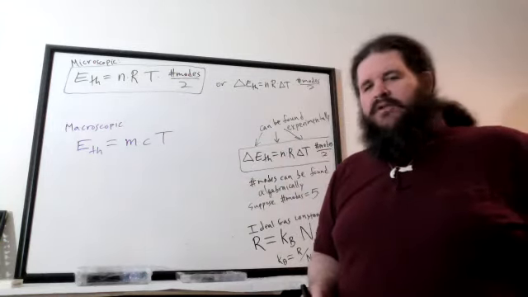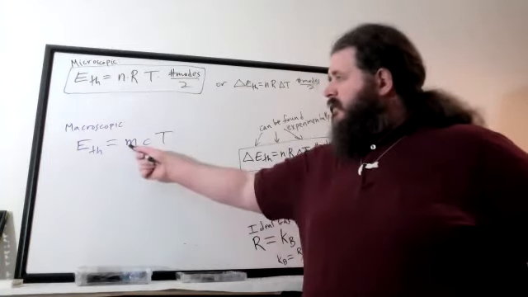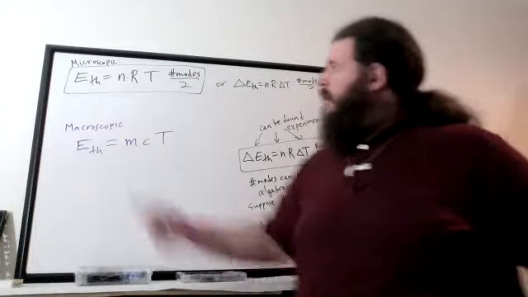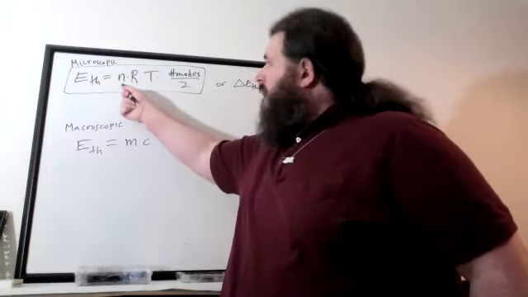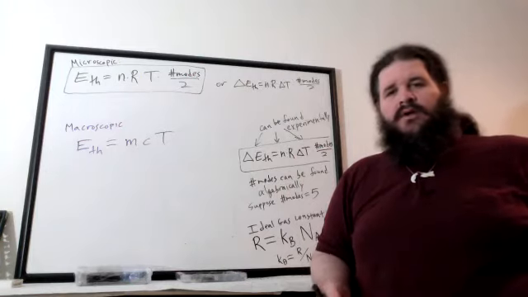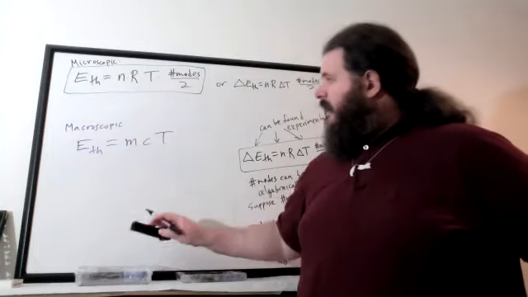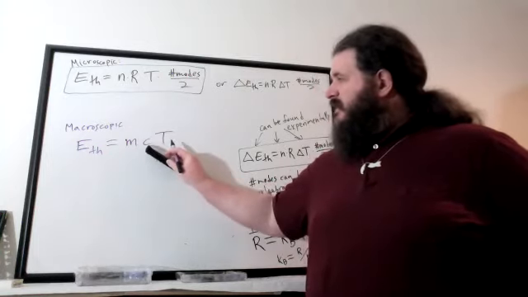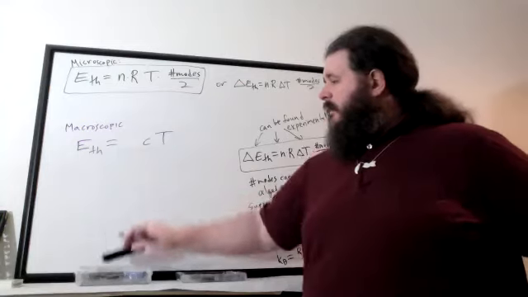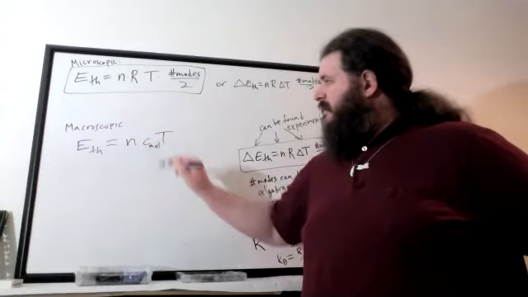One thing we want to do first, though, this formula is describing how much of the substance there is in terms of mass, number of kilograms. This formula is also talking about how much of the substance there is, but it's describing it in terms of number of moles. We don't want to be messing around with different units of measurement here, so I'm going to make an adjustment. Instead of talking about mass times specific heat per kilogram, I'm going to rewrite this as number of moles times the molar specific heat.